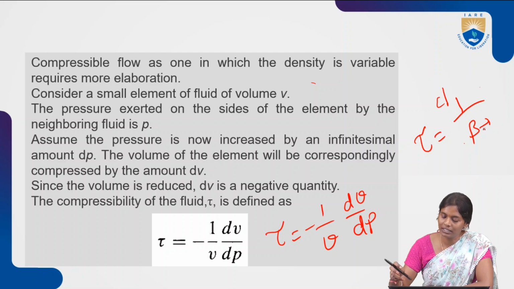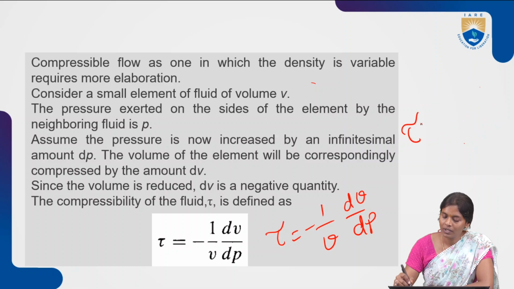So tau equal to 1 by beta, where beta is the bulk modulus.